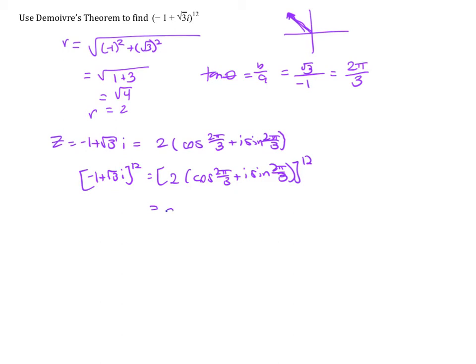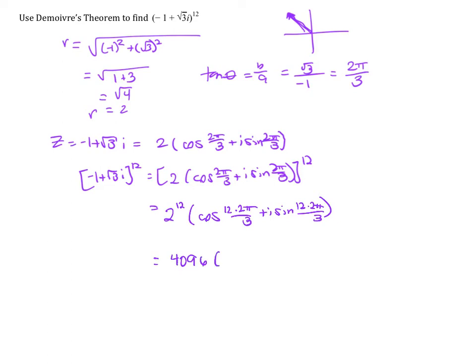So this is going to become 2 to the 12th power times cosine, we're multiplying 12 times 2 pi over 3, plus i sine of 12 times 2 pi over 3. And then 2 to the 12th ends up being 4,096.